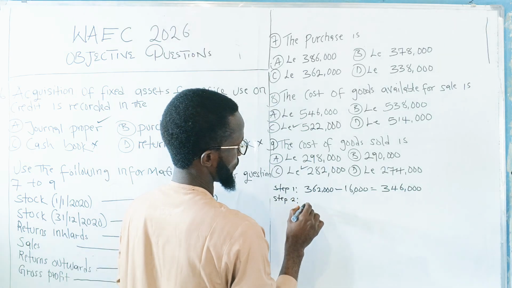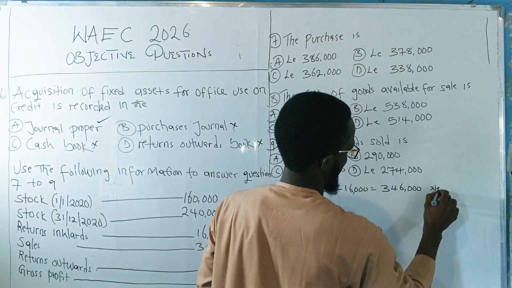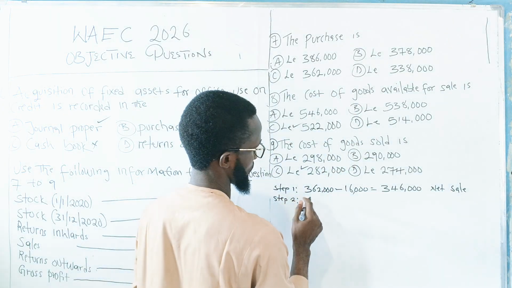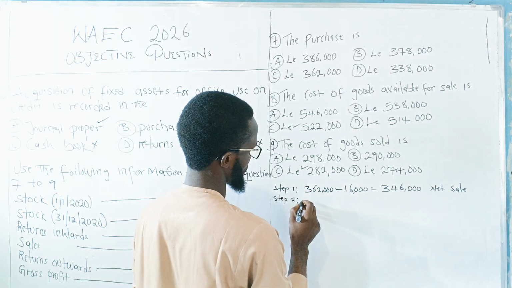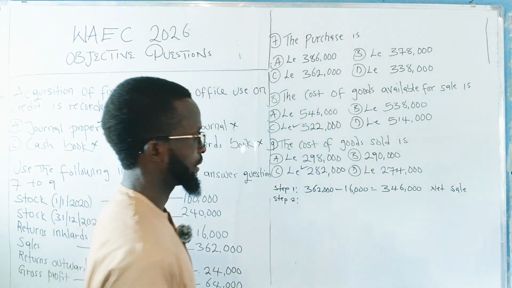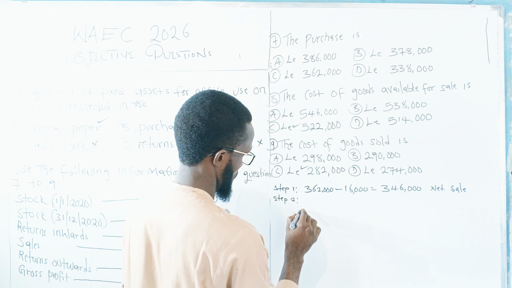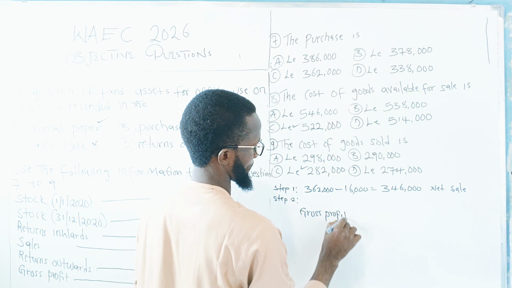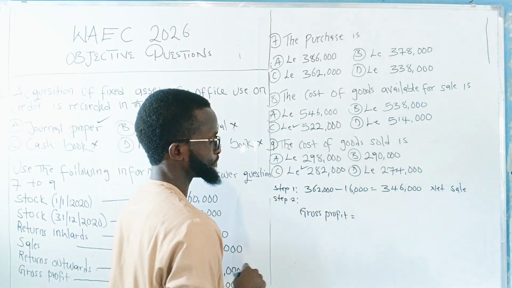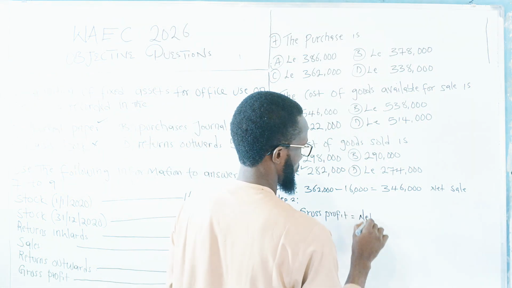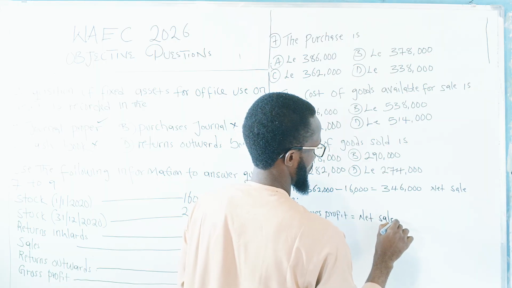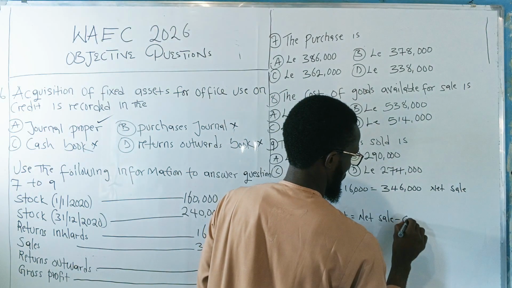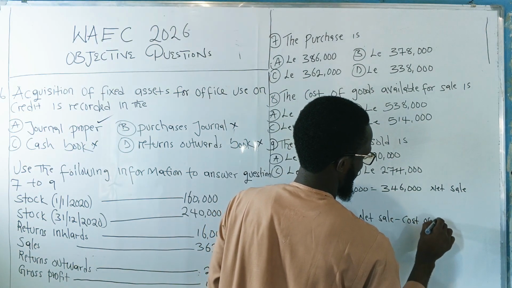Remember, if you are trying to determine your gross profit, gross profit is equal to net sale less cost of goods sold.